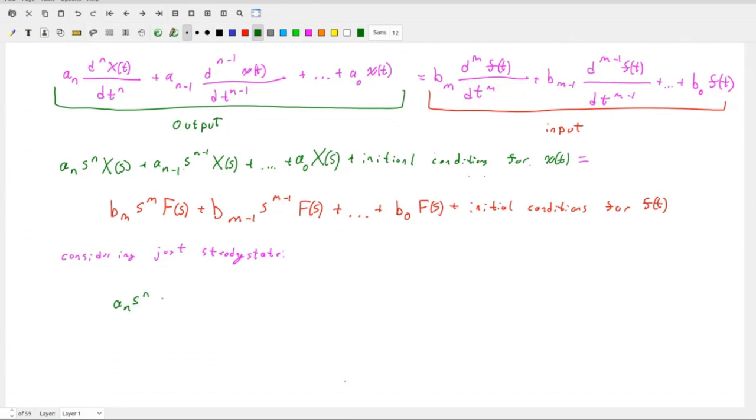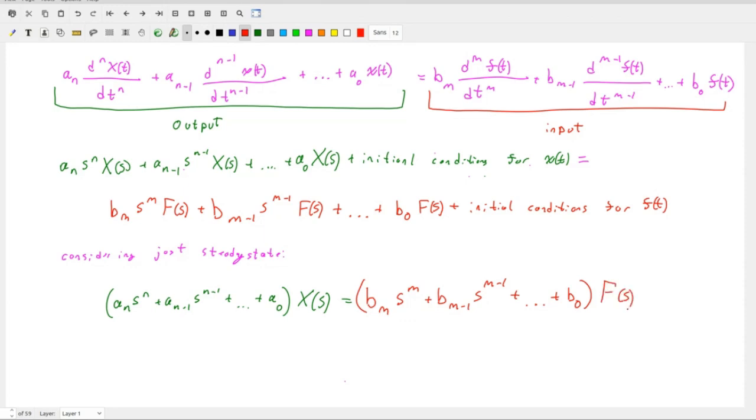I'm going to pull out all of my x's, plus a to the n minus 1, s to the n minus 1, plus a naught, multiplied by x of s, is equal to b m s to the m plus b m minus 1 s to the m minus 1 plus dot dot dot plus b naught, times f of s.